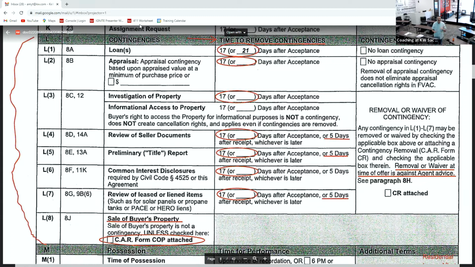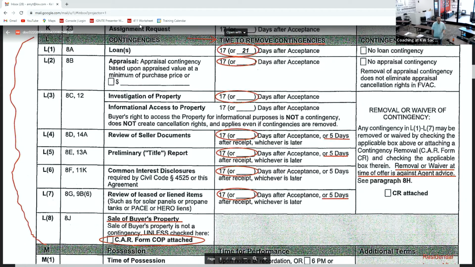Additionally, if you send over a request for repairs, the seller doesn't even have to respond to it. You can send it over, they just ignore you, they wait until you hit the 17 days, they send a notice to perform, and wait for that period that's referenced in the notice to perform, and then send you cancellation.